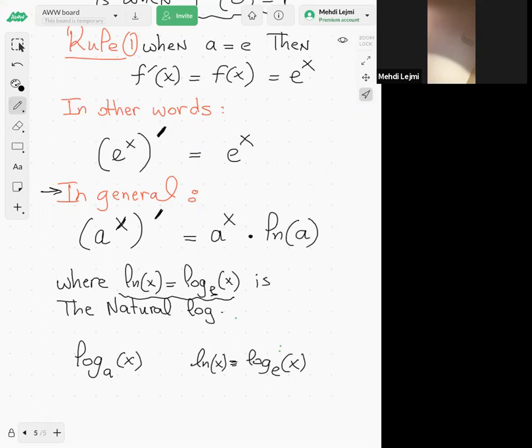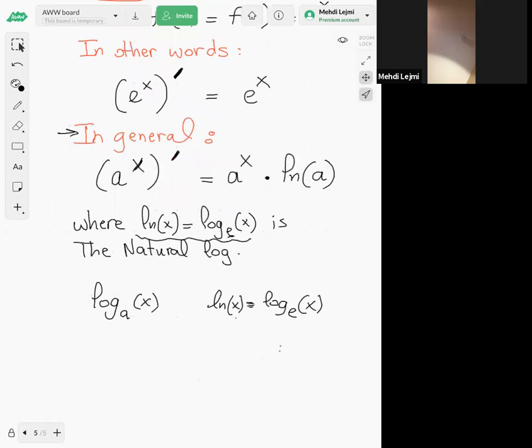So you know the definition of log in base a of x. Let's say this is equal to y. y is log in base a of x, which is equivalent to a to the power y equal to x, right? That's the definition of log in base a of x.